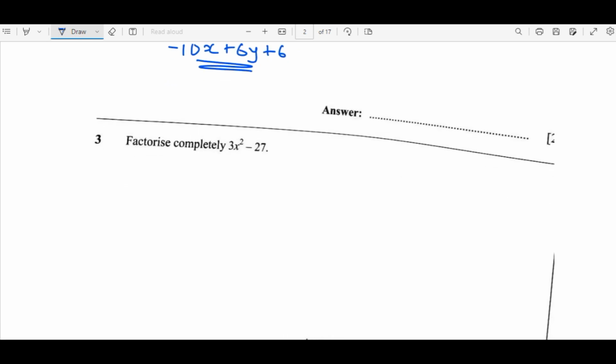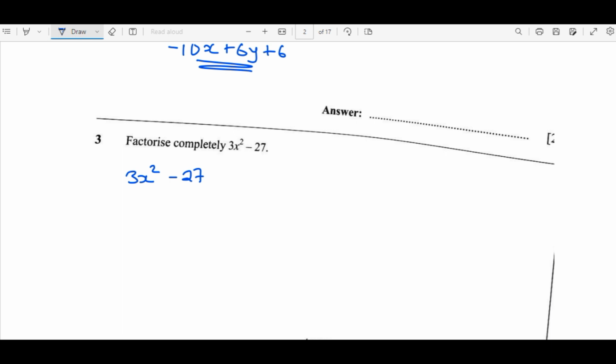So meaning that we've been given 3x² minus 27. Now when you look at this question, first of all, we have to look at what is common between the two terms given.